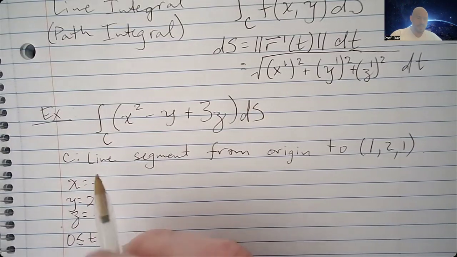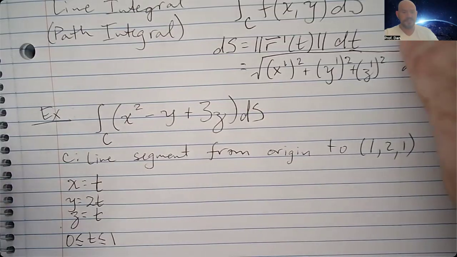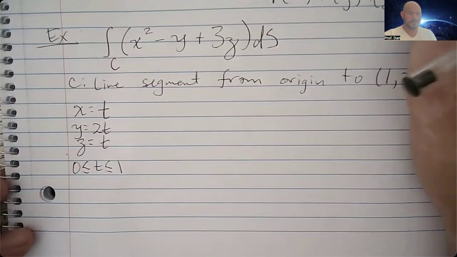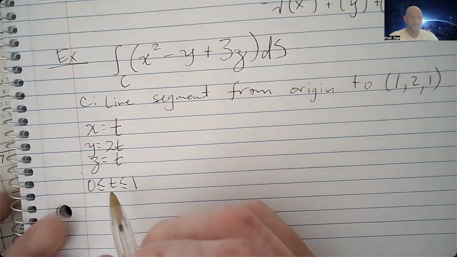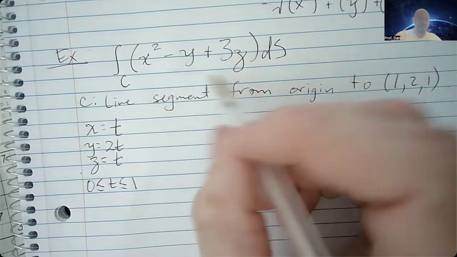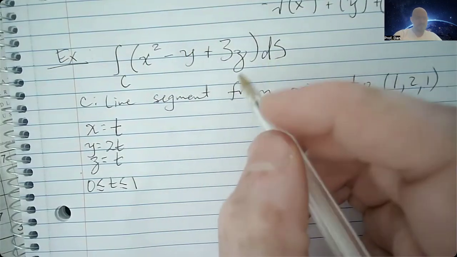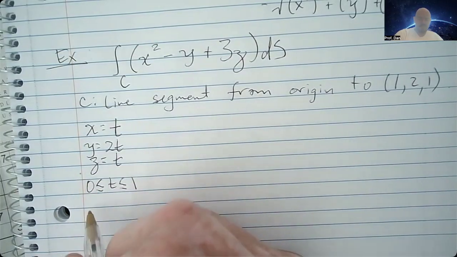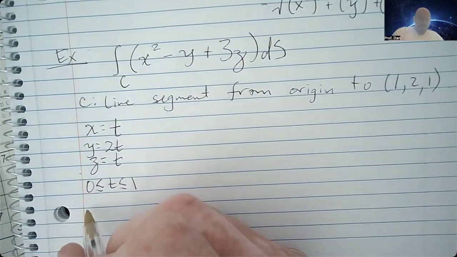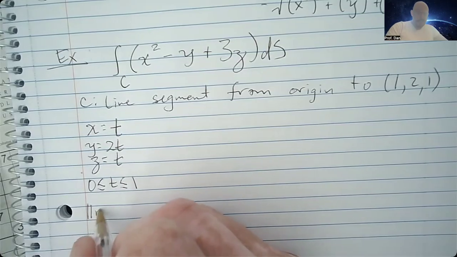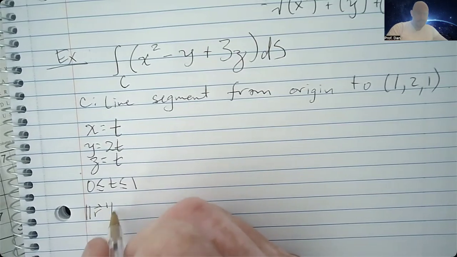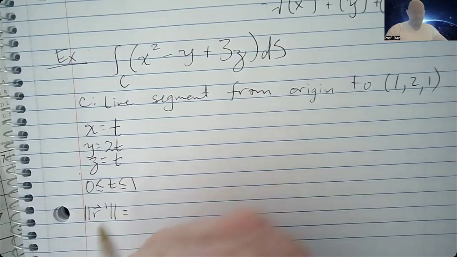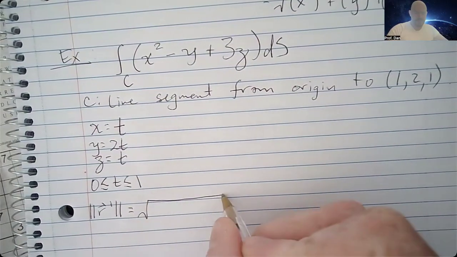Now that I know my parametric equations, the next thing is to figure out how to write ds. I know my bounds, and I know what I can replace x, y, and z with. I just need to figure out the differential. So we're going to need the magnitude of r prime, which is a square root of something.